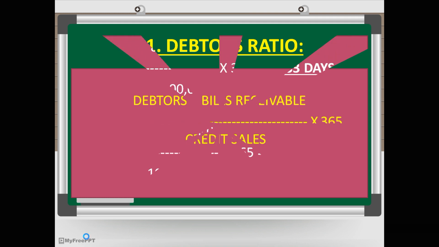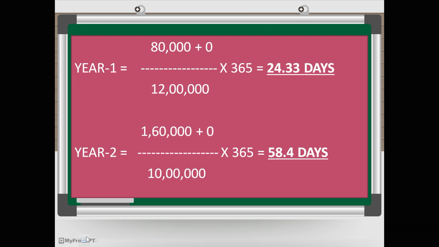And let us find out the ratio. Say debtors amount. First year માં debtors ની amount 80,000 છે, plus there are no bills receivable. Balance sheet માં asset side ક્યાંય bills receivable આપેલા નથી.